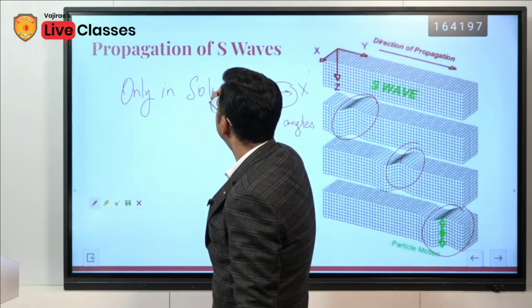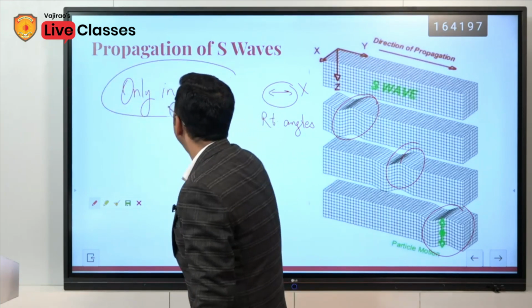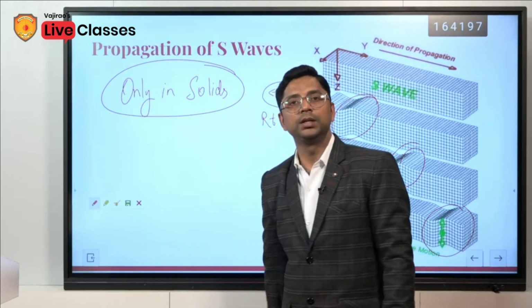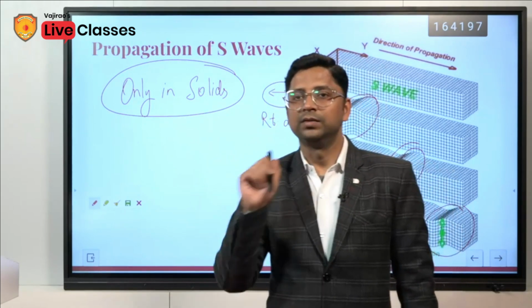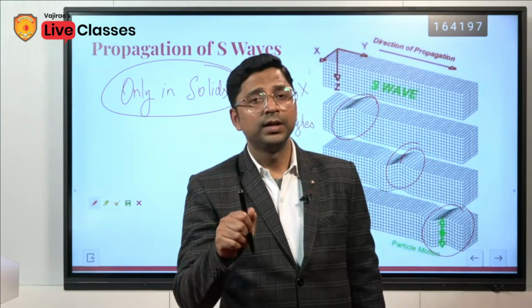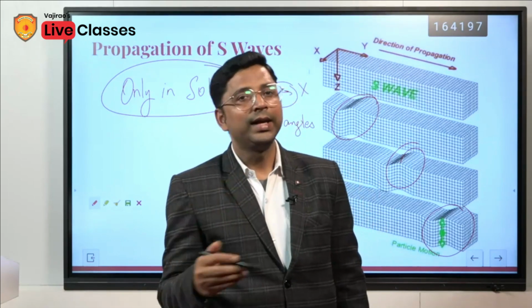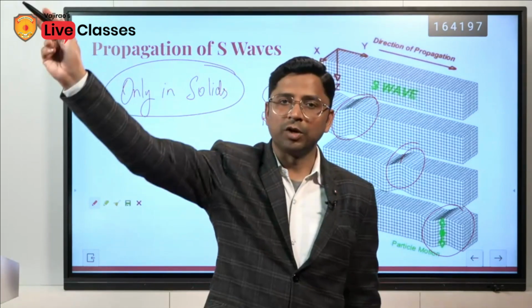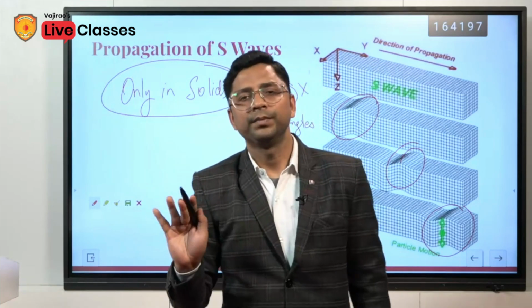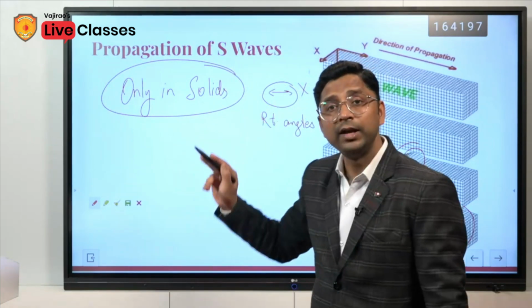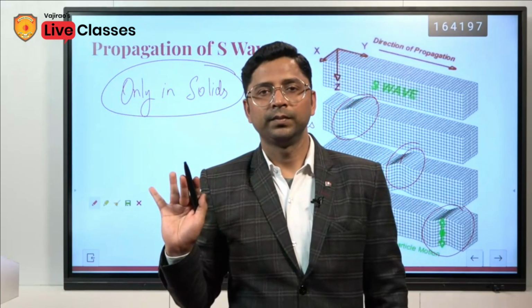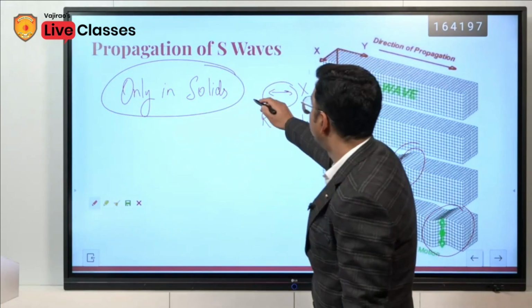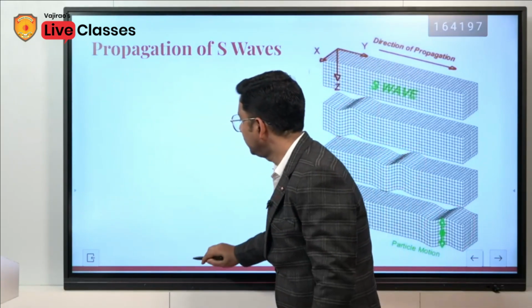Primary waves, P waves, were traveling in any medium. Their velocity was maximum in solids, but they were traveling in any medium. S waves are traveling only and only in solids. This is the most important characteristic of these waves.